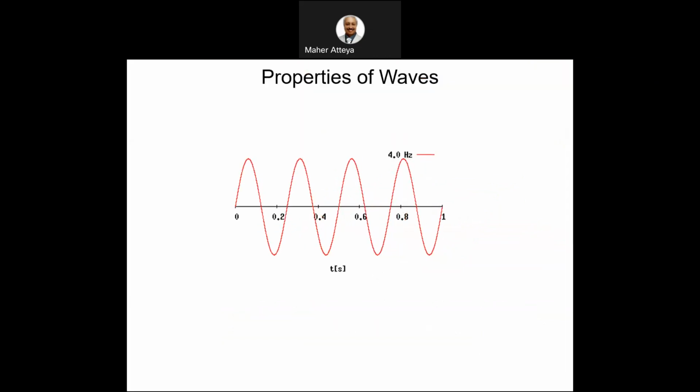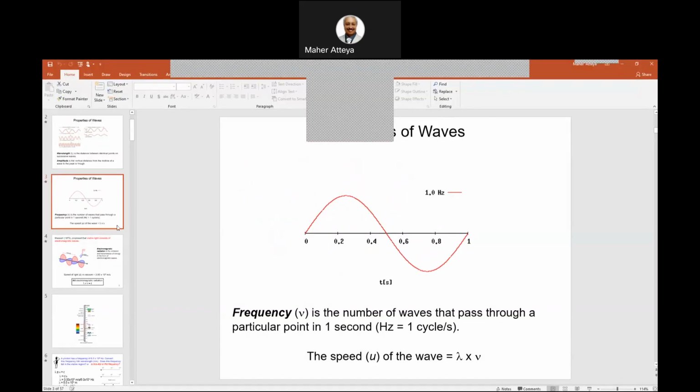That's cycle per time, one cycle per time. A cycle is full from one peak to one peak. This is one cycle. That's a wavelength. Cycle from one peak to one peak. Just to be aware, somebody will ask about this.